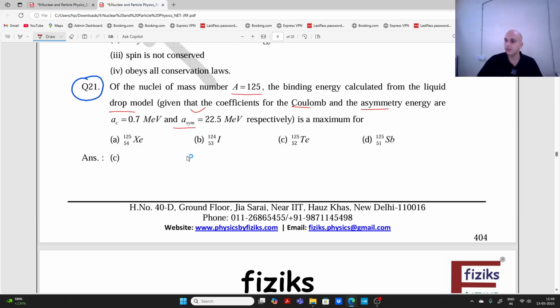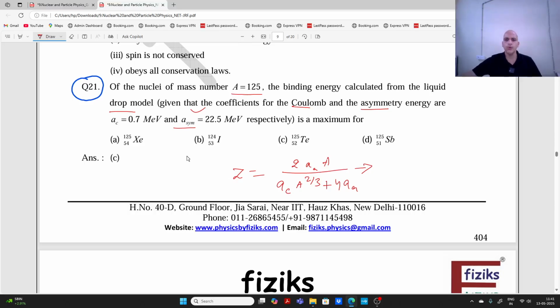The formula was Z is equal to 2 A symmetry into A divided by A Coulomb energy into A power 2 by 3 plus 4 into A symmetry energy. This was the formula that I have written in that lecture. Now I can use this formula for calculating this value.